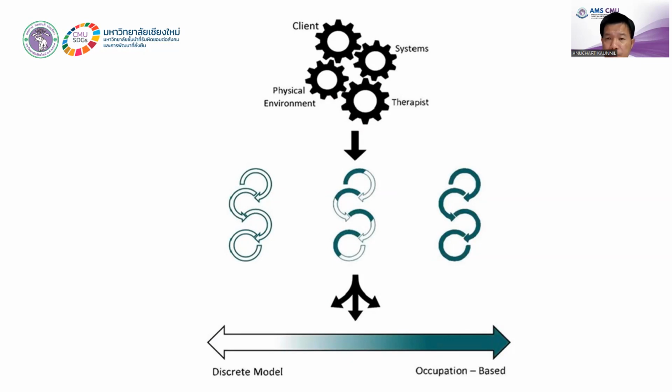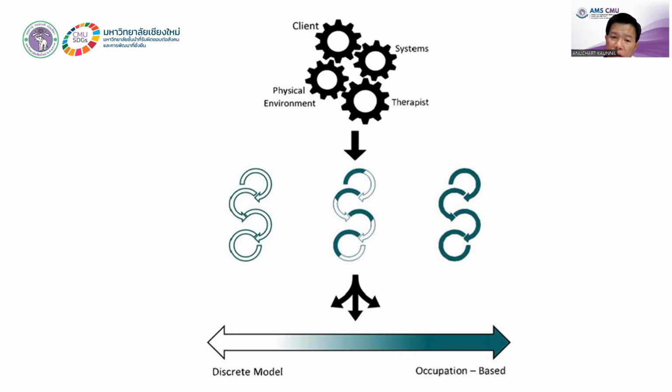The system is the second: the system from the OT clinic, the hospital, the policy, the environment, the municipality, the sub-district or tambon, the school, the setting, the village, all the areas where the client stays, including the physical environment. And the last is the therapist, who needs to move the 4 gears forward.